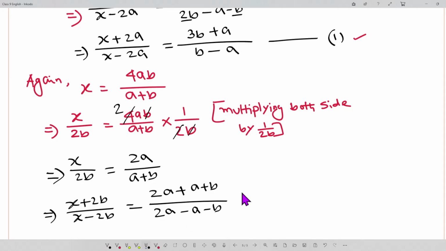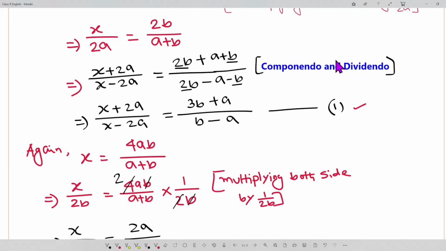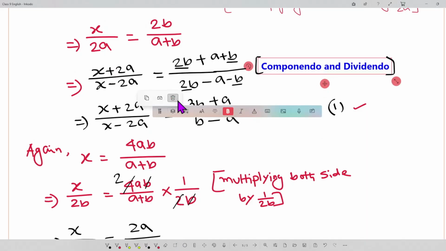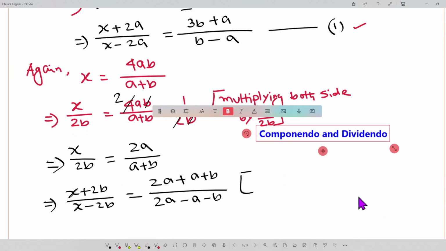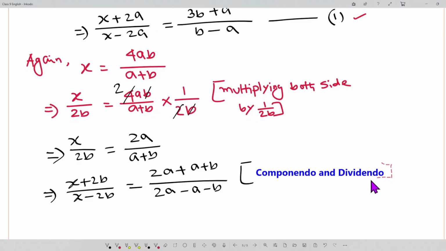Okay, a side note, we should write this one. This one again we can write, so we just copy and paste. Okay, so componendo and dividendo. So what is happening now?